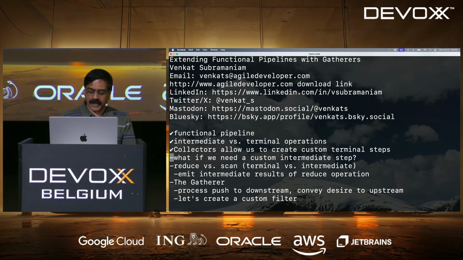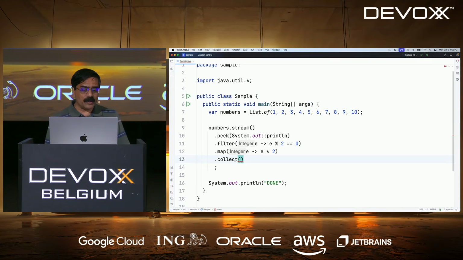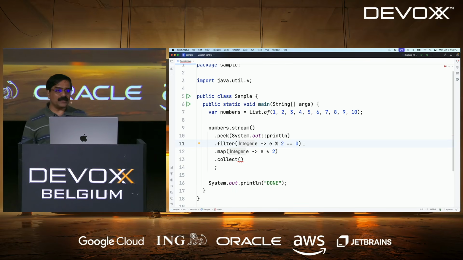But the question is, what if we need to implement our own custom intermediate operation? We were able to do stuff towards the end. But what if I want to do something in the middle that is my own operation? And the answer to that until recently was good luck.